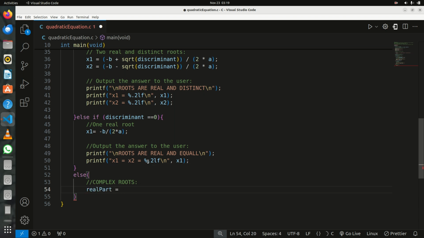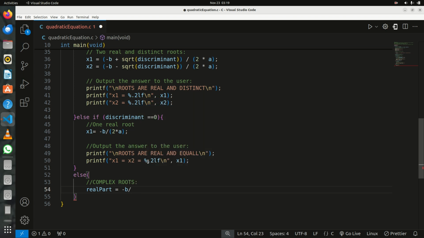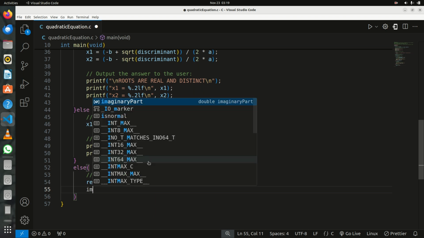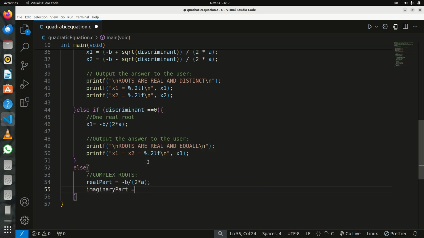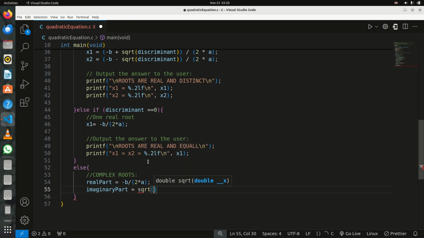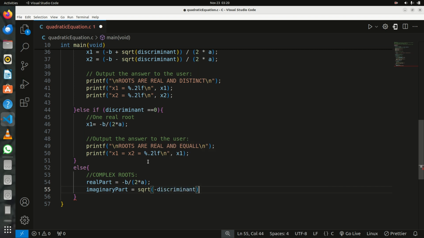The root will simply be minus b divided by 2 times a. In the else case, the real part equals minus b divided by 2 times a, then the imaginary part equals the square root of minus discriminant divided by 2 times a.